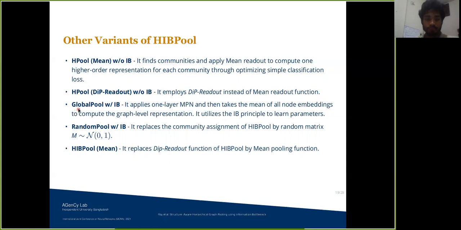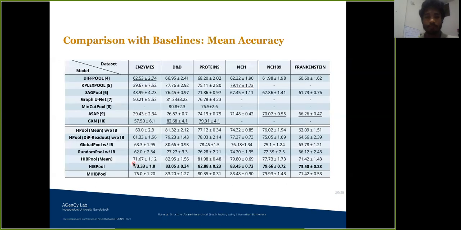Global pool with IB objective applies a one layer message processing network and takes the average of all node embeddings to compute the graph level representation in a single layer. Random pool with IB replaces the community assignment of HIBPool by a random matrix M, and HIBPool mean replaces the deep readout function of HIBPool by a simple mean pooling function.